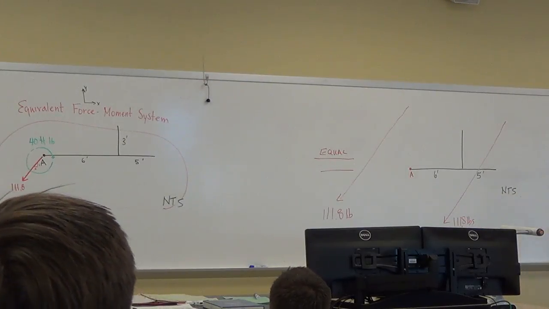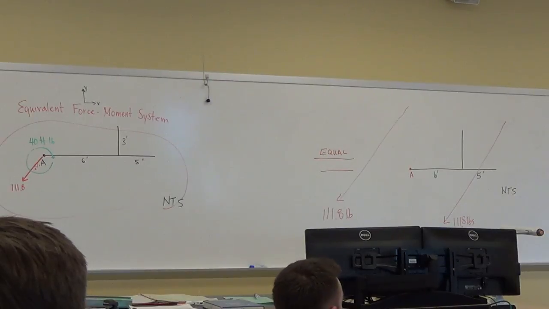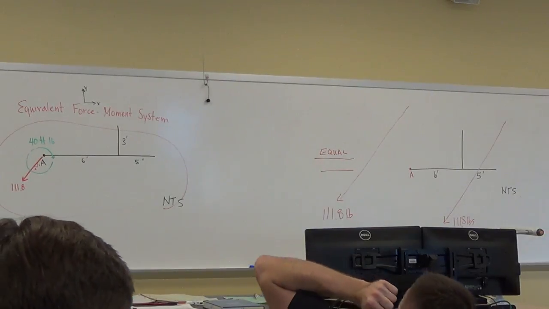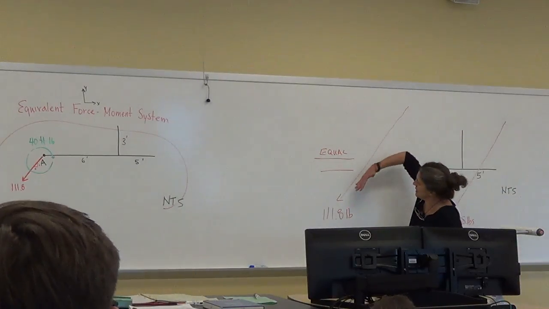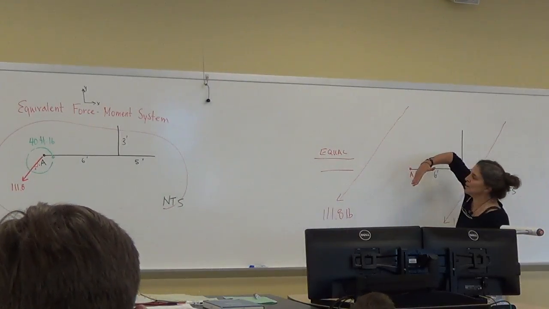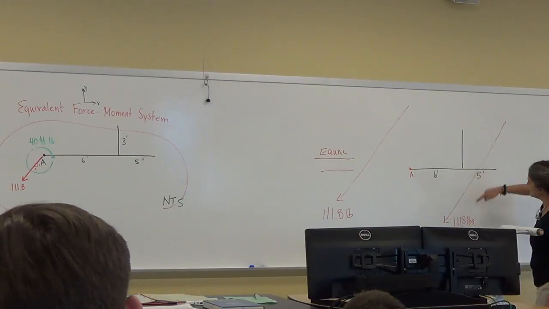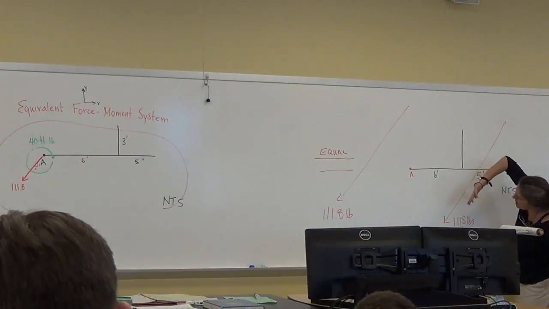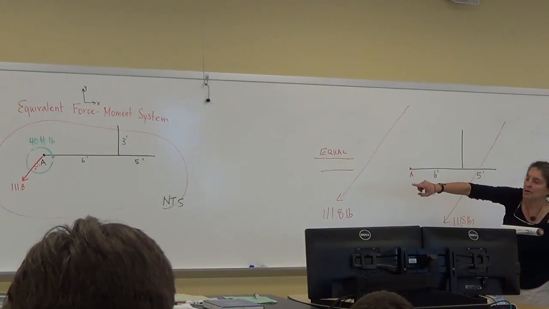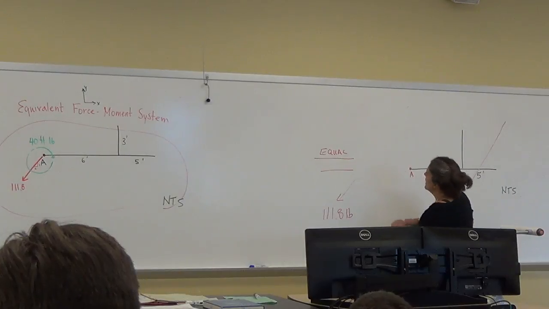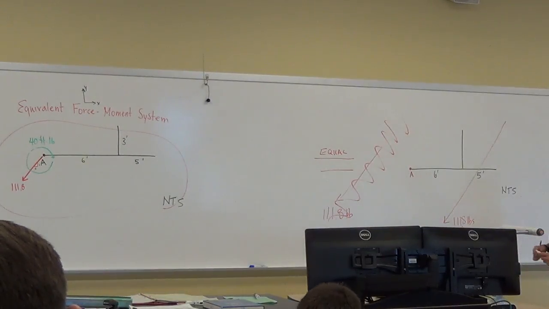And how are you figuring it out? Put your fingers in the direction of the force. If it's here, and my palm goes towards A, what kind of moment would I get? Positive or negative? Positive. If the force is here, fingers go in the direction of force, palm goes towards the point, would I get a negative? What kind of moment do we have? So it's not here, right? Let's leave this and just say, no, it's not there. So it's got to be here.